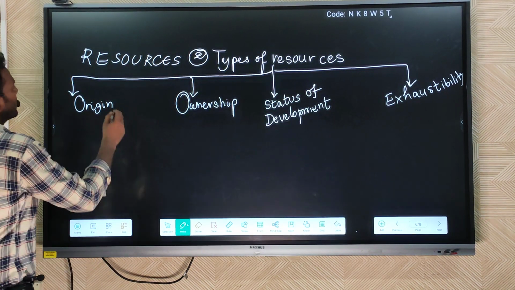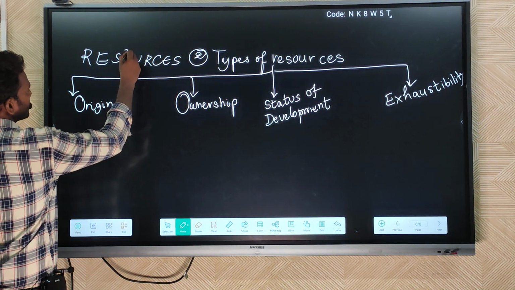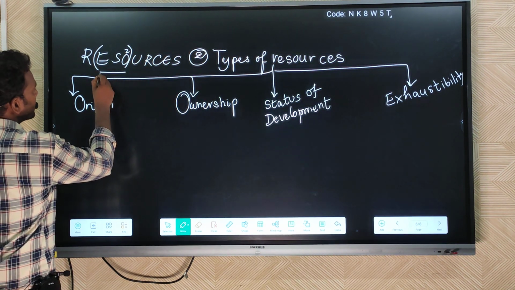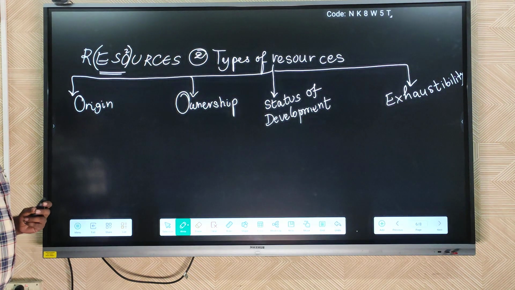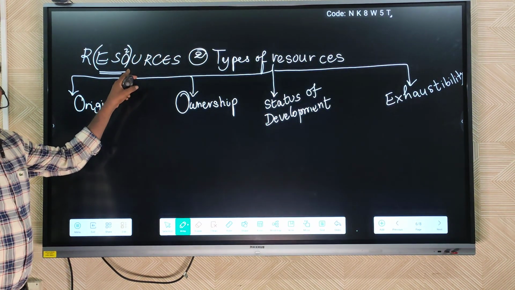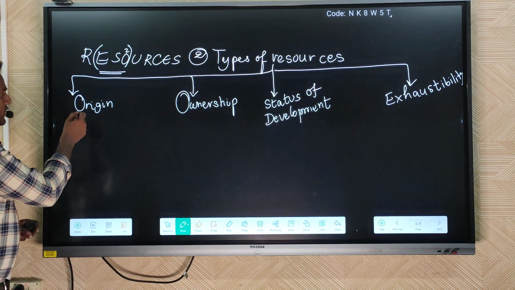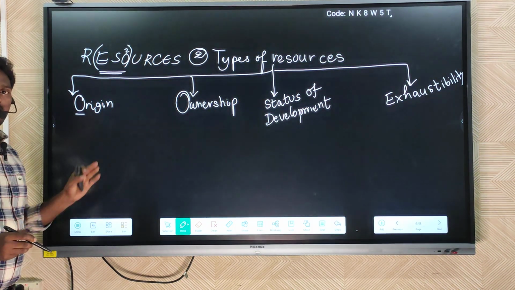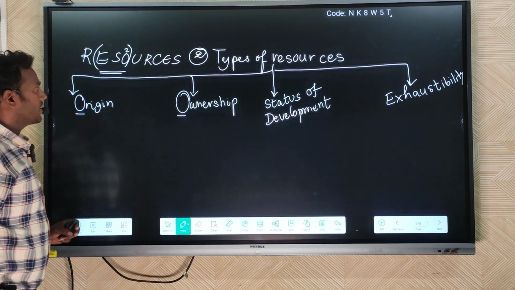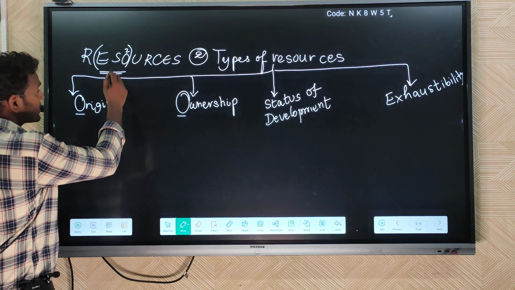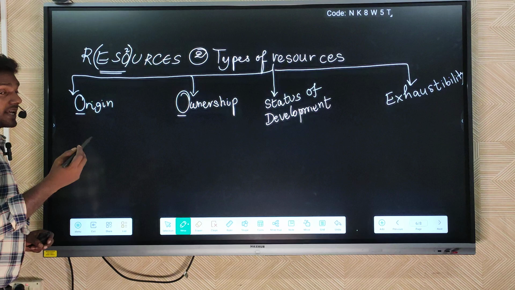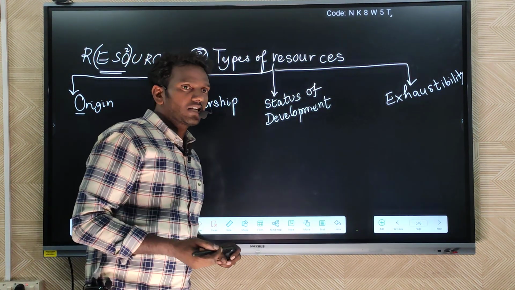This is the key point for our resources: O square S E. The first O stands for based on origin, resources are classified. The second O stands for based on ownership. S stands for status of development. The last E stands for based on exhaustibility.